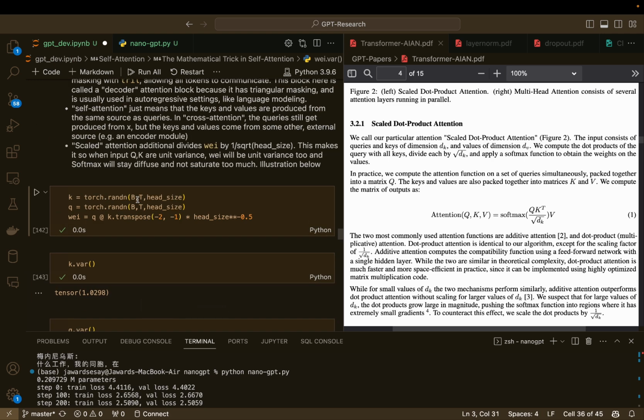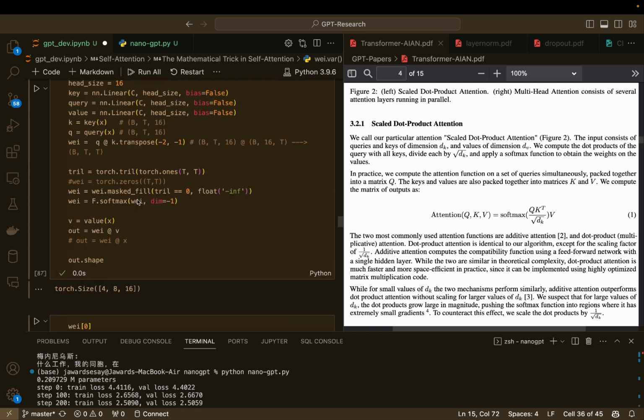Why is our variance very important? If we look at our softmax here, wei is being passed directly into softmax. And in order to maintain some control over the distribution of wei, we will need to have some variance, that is, by what amount the increment takes place.